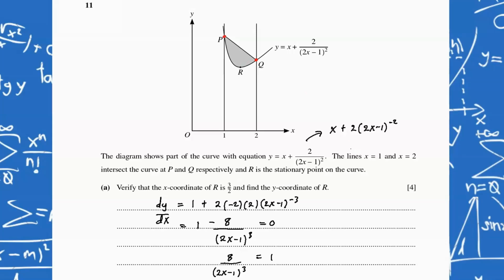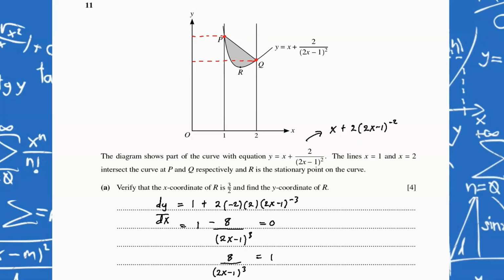Right, so to find P, we have the x coordinates of P and Q already, but we need to find the y coordinates. To find the y coordinate of P, we know that x is 1.